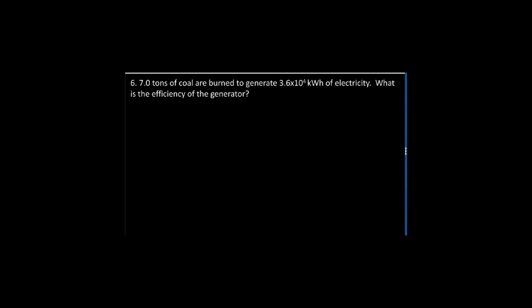So basically, we're going to take this 7 tons and put this in kilowatts. So we have 1 ton is 2.5 times 10 to the 7 BTUs.